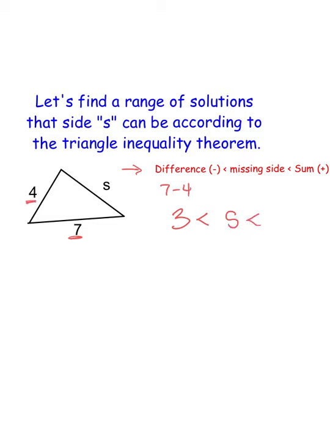So again, I'm going to take my two numbers, and I get 11. So my missing side is anything between 3 and 11. Cannot be 3, cannot be 11. So S can be 3.1, 3.8, 4, 5, 7.2. And it can be anything less than 11, so 10.99 would be a solution. So this would be your range of the missing side.